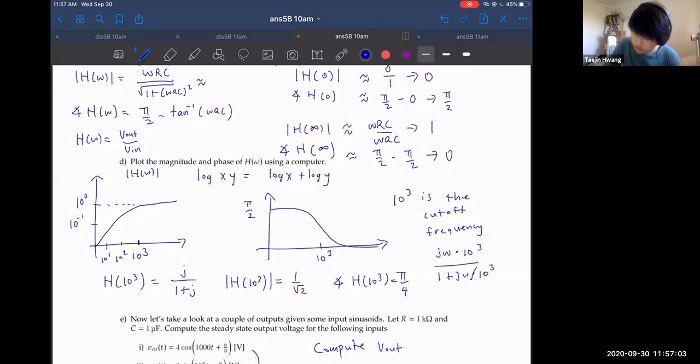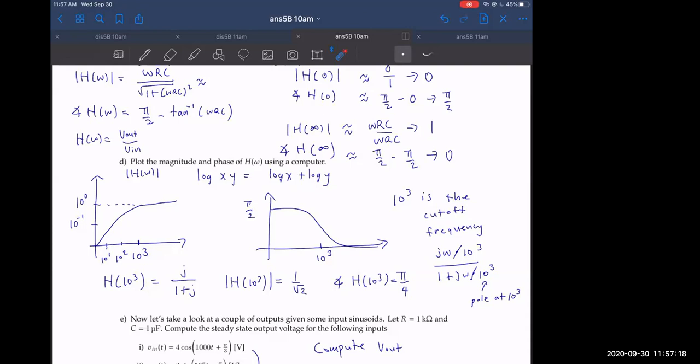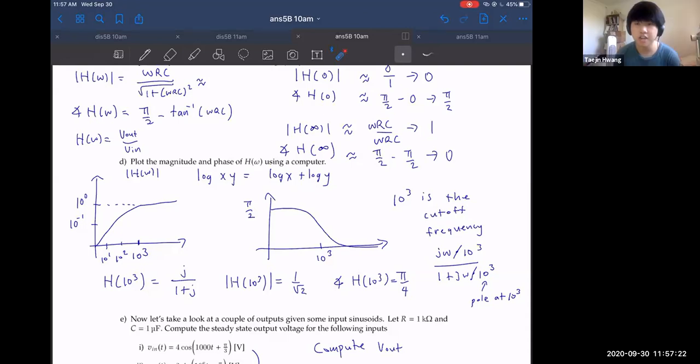So this tells us that we have a pole at 10 to the 3. And notice how I mentioned earlier in the discussion, 10 to the 3 is where things start to change. That's the key intuition that you need to get for now. On Monday, we're going to go over how each pole and zero plot actually works and how to add these plots together.